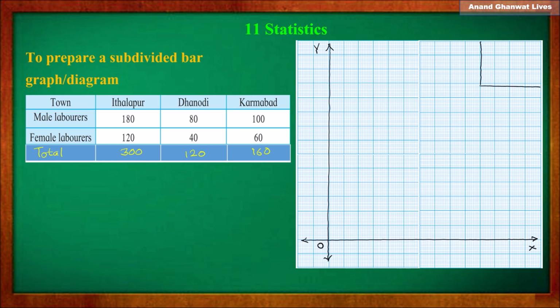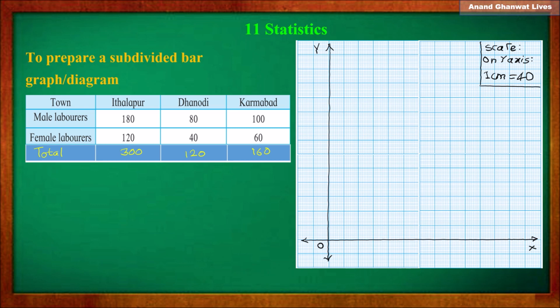Scale on y-axis: 1 centimeter is equal to, we have to show the total laborers of Ithalapur, 300. So take a proper scale. 1 centimeter is equal to 40, so that we can show the maximum number 300 also. So take a scale of 1 centimeter is equal to 40 laborers.